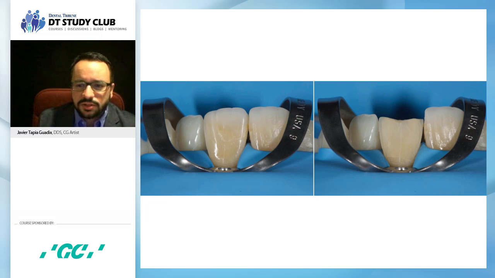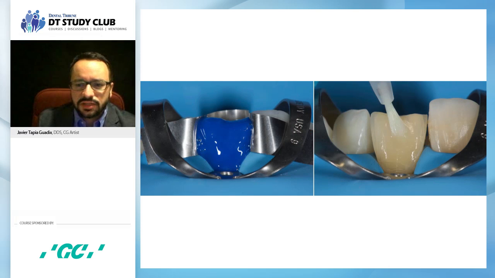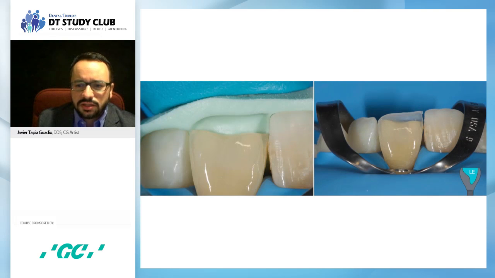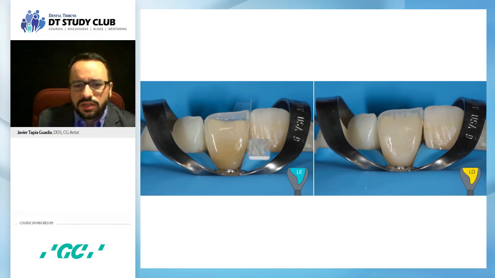We start by absolute isolation with a clamp here in order to go a little bit more cervical with the bonding technique. We just remove the old restoration and then we start with the new. Again, palatal shell, light enamel, and then we just close the contact and build up a layer of light dentin on top in order to mask the discoloration, but we are not 100% masking the discoloration.